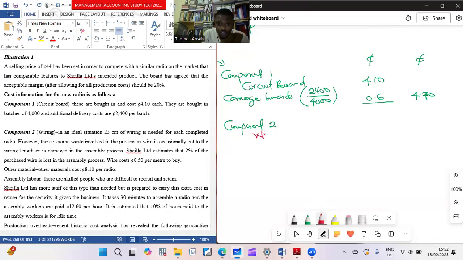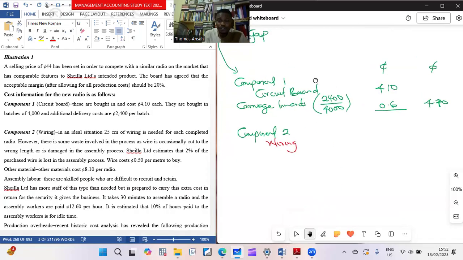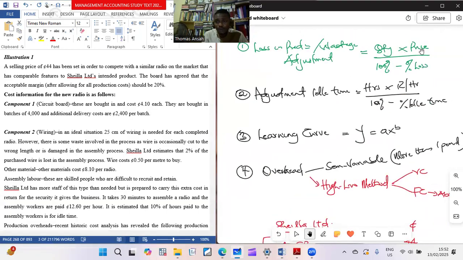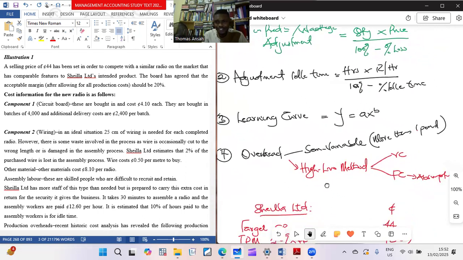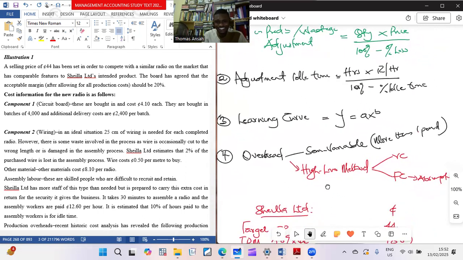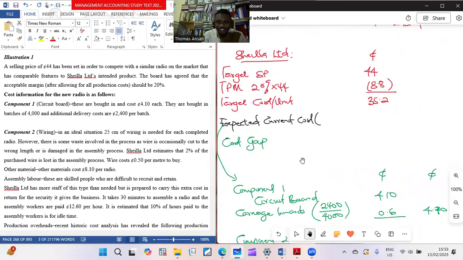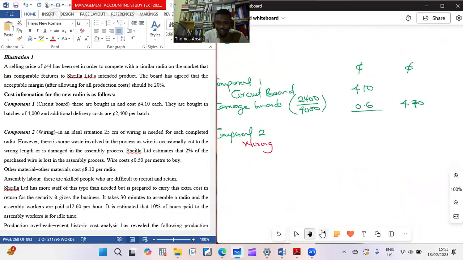So we are talking about wiring, and we said that we need to calculate the wastage. Do you remember the formula that we just learned in terms of the ideal adjustment? The quantity multiplied by the price, divided by 100% minus the loss.